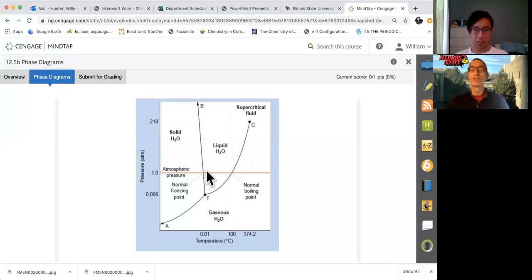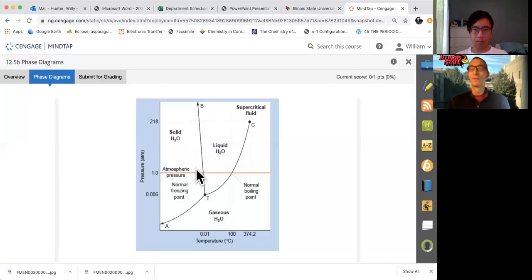When water goes from being a liquid to a solid, it increases its volume a little bit. And so going from a liquid to a solid, if we increase the atmospheric pressure, we have to actually reduce the temperature a little bit more in order for it to be able to expand the way that water wants to expand, right?